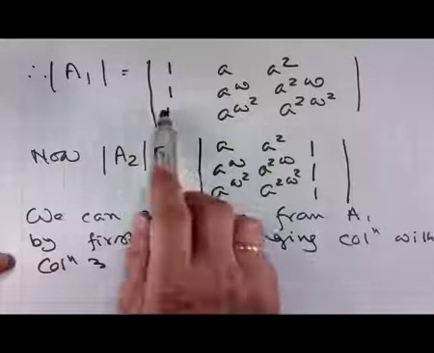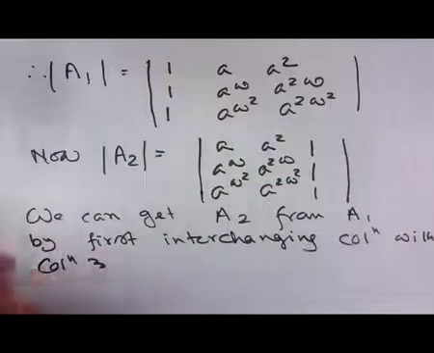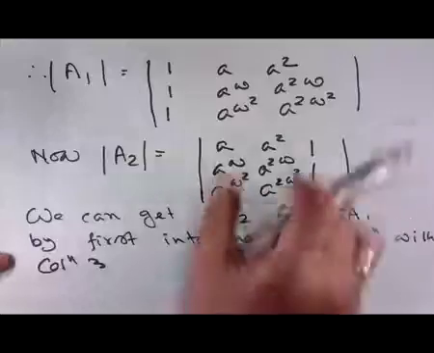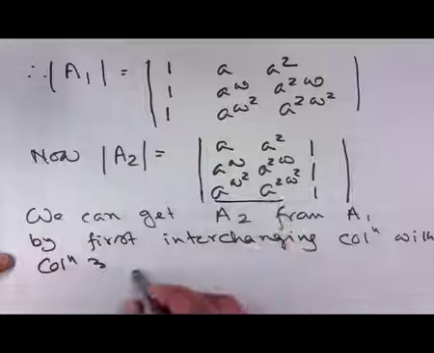Therefore, this 1 1 1 goes here and this column comes as the first column. After that, if we swap these two, then we get this matrix.